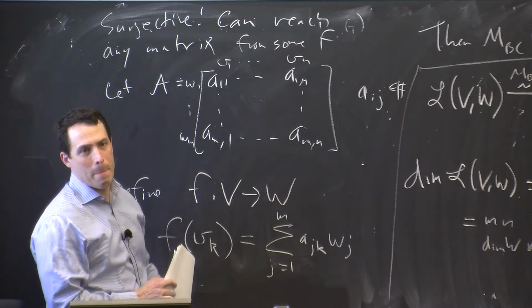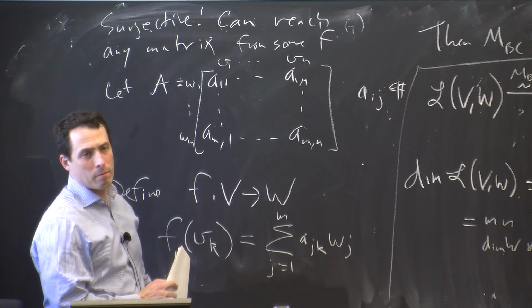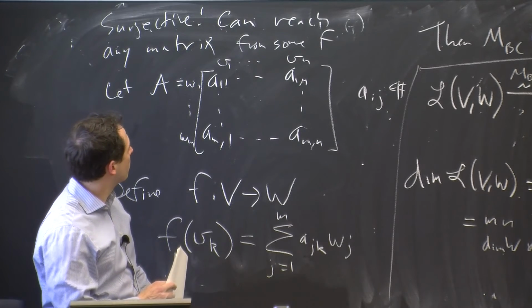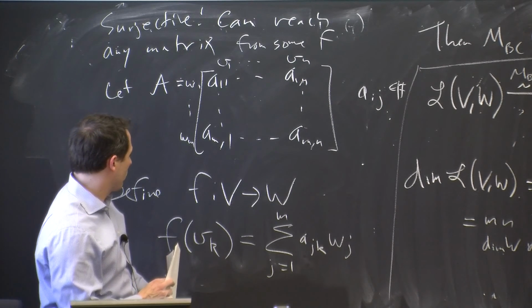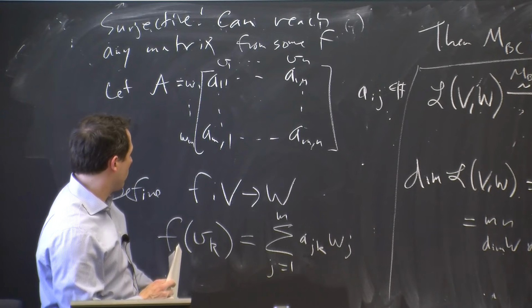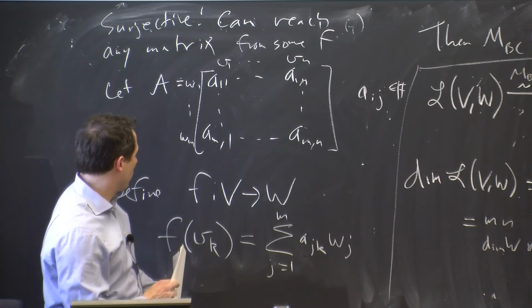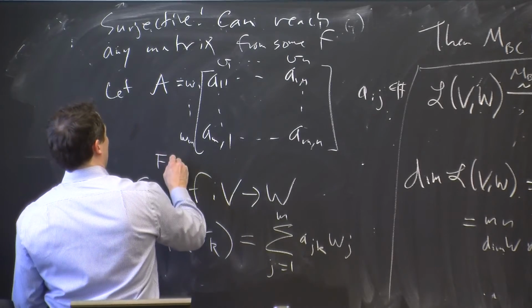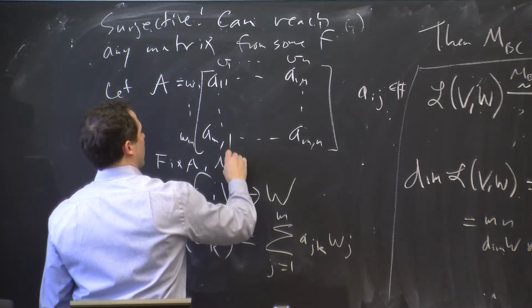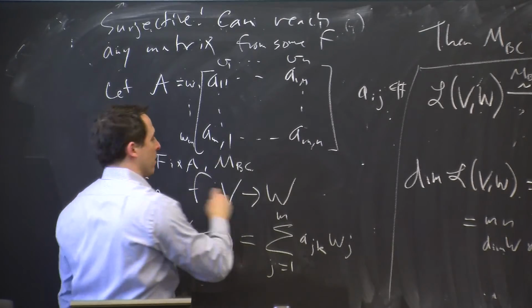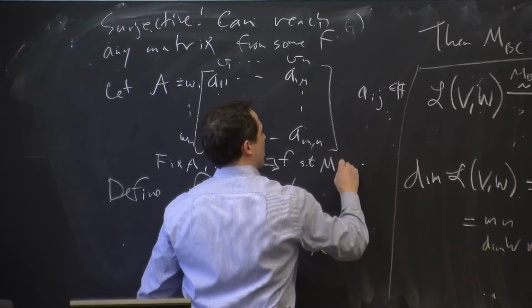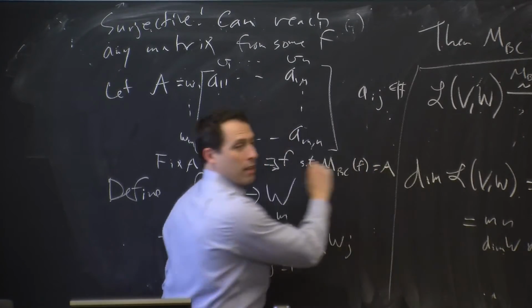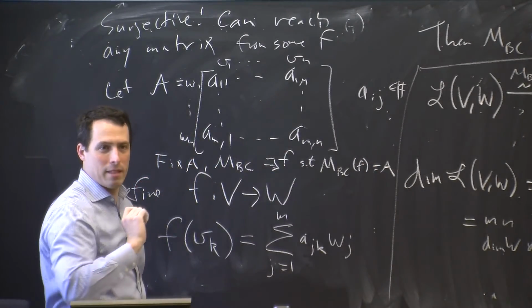But if you choose the basis first, then what if it doesn't satisfy the equation? So you should just decide the basis for W first and then find the system. Yeah, okay, so I guess what we're saying is, fixing A in M_BC, there exists an F such that M_BC of F equals A. Does that make sense?